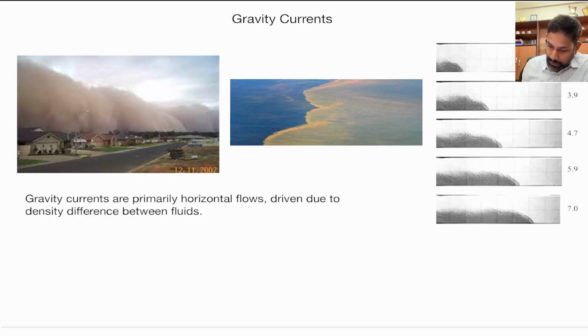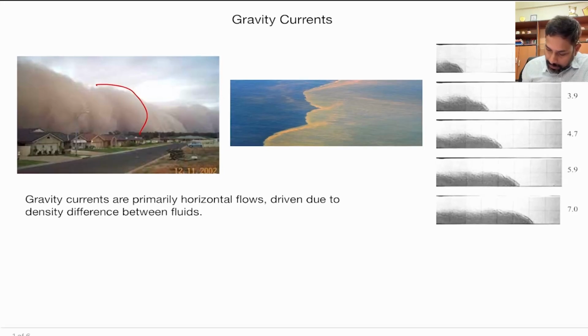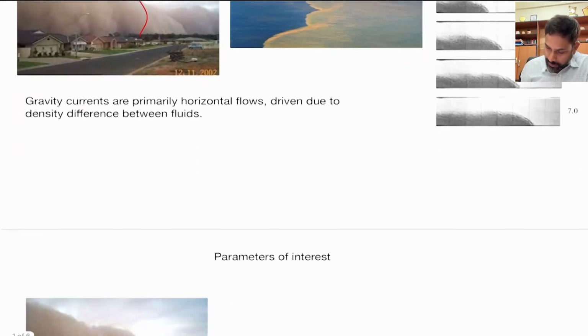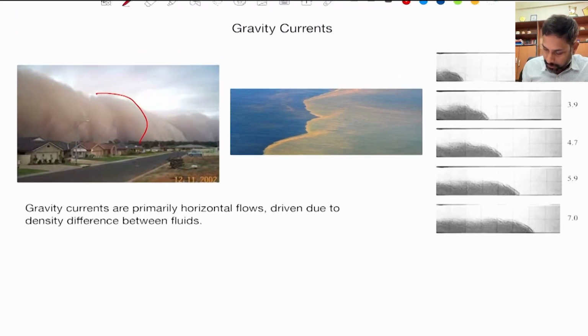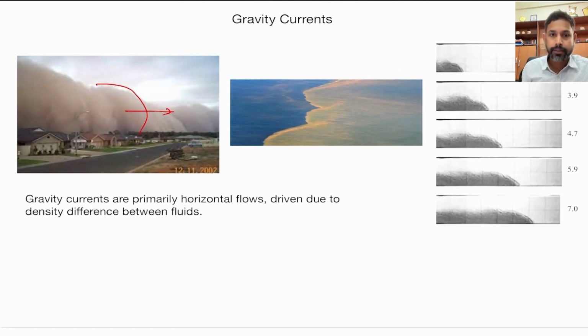In some examples you can see here, for instance this one, this fluid, which we generally call a dust storm, is flowing in this direction, where we have the ambient fluid basically surrounding this dust storm.